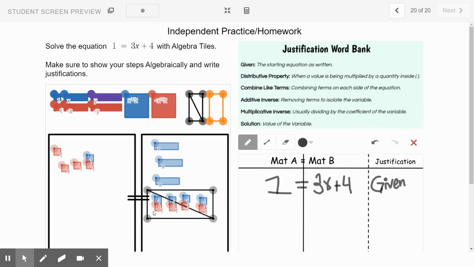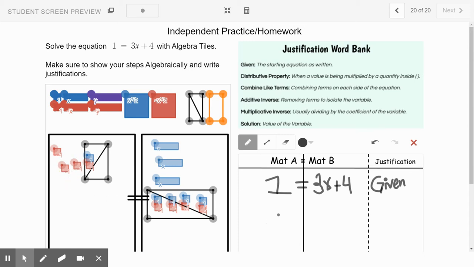I've made 4 0 pairs on mat B. And now all my unit tiles are gone. So all I have to worry about now are my 3 X tiles. And similarly, I'm going to make a 0 pair on mat A, but I still have some unit terms over here.